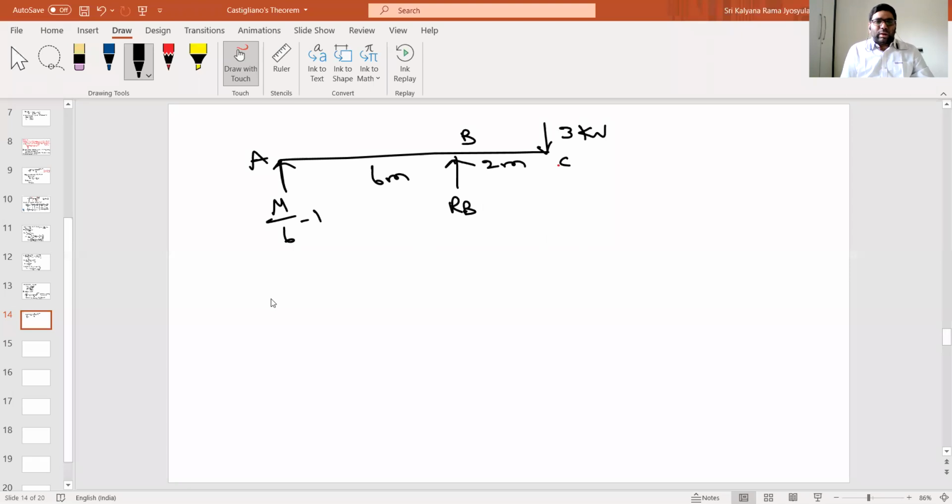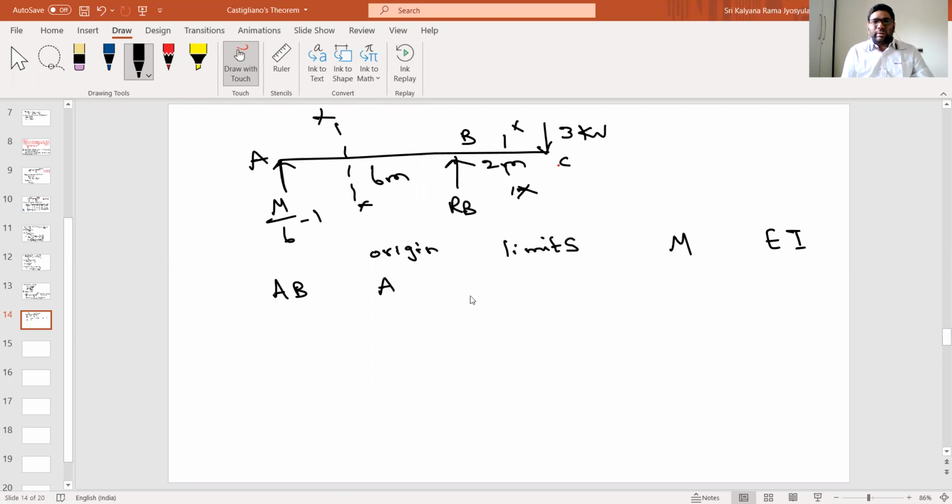So now if we take AB limits, origin is A. So two sections again, X, and EI. So 0 to 6. What is this?